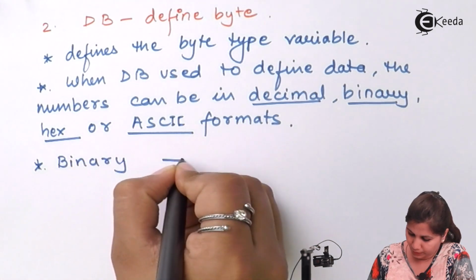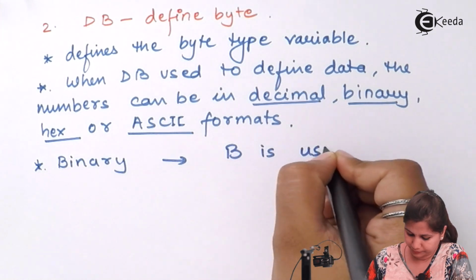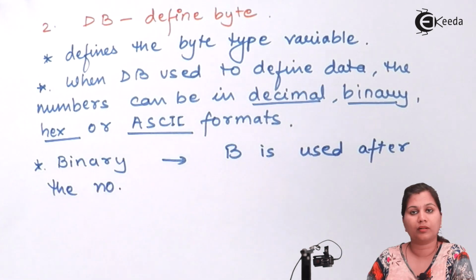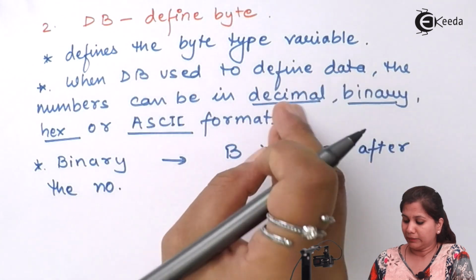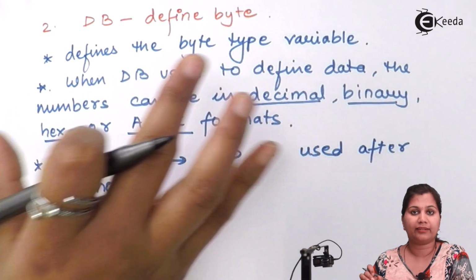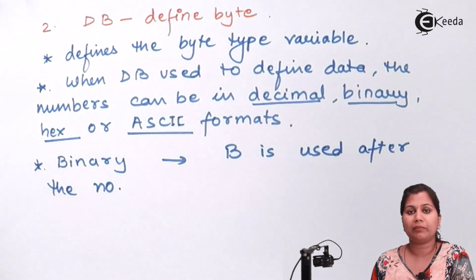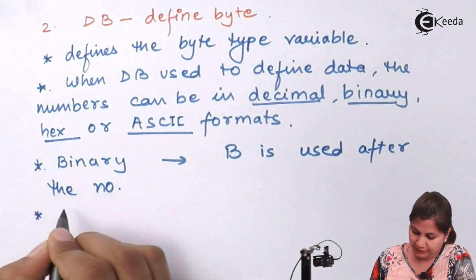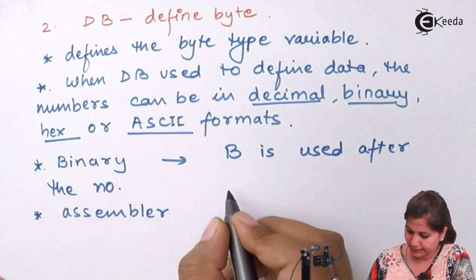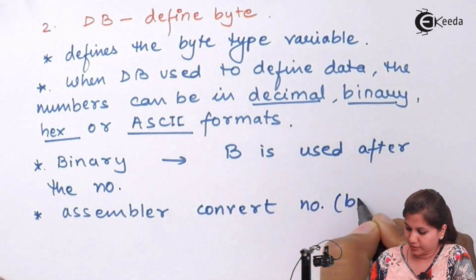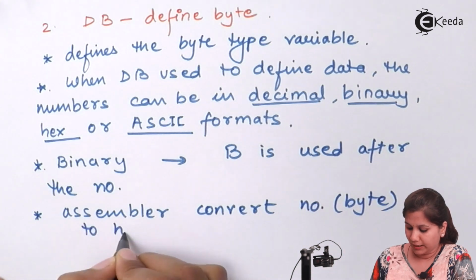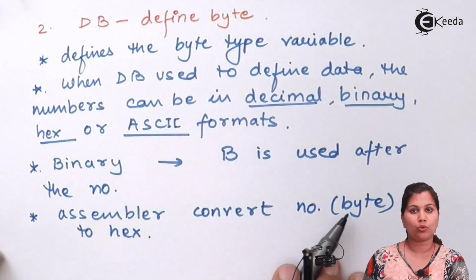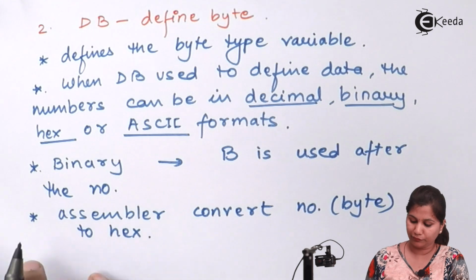Whether the number is in decimal, binary, hex or ASCII, the assembler always converts it into the hexadecimal format.